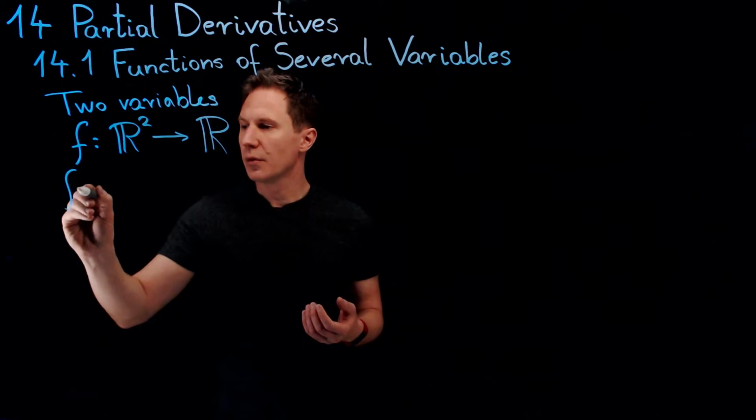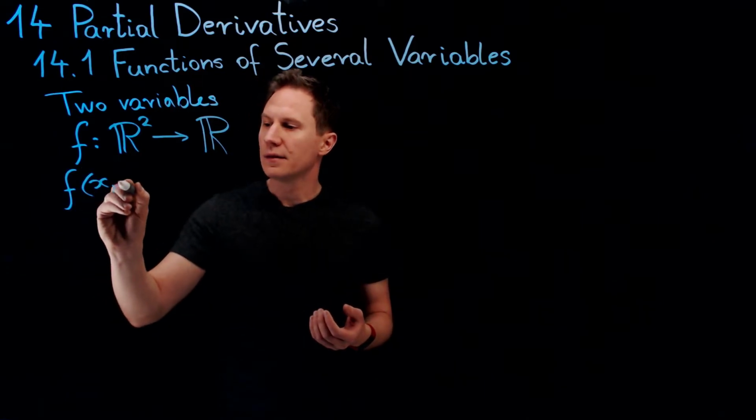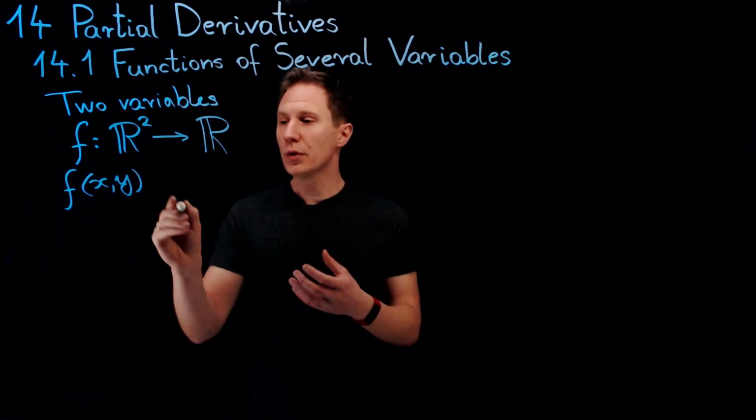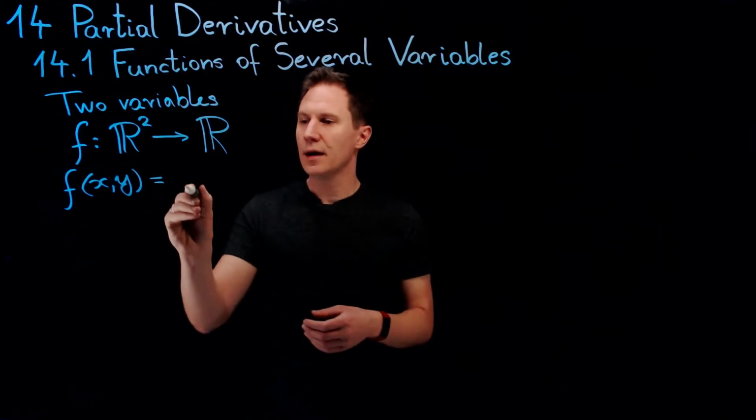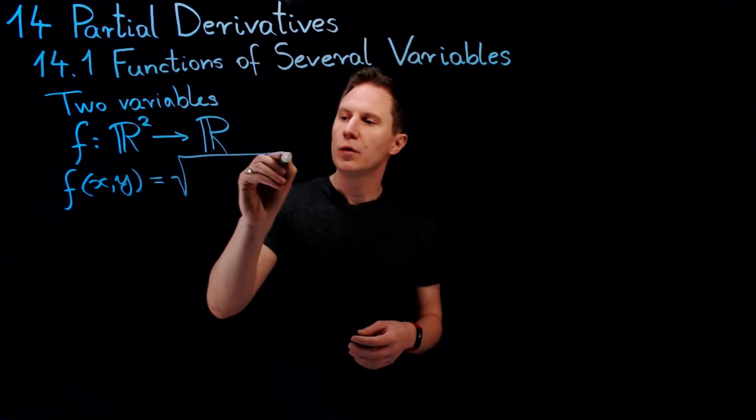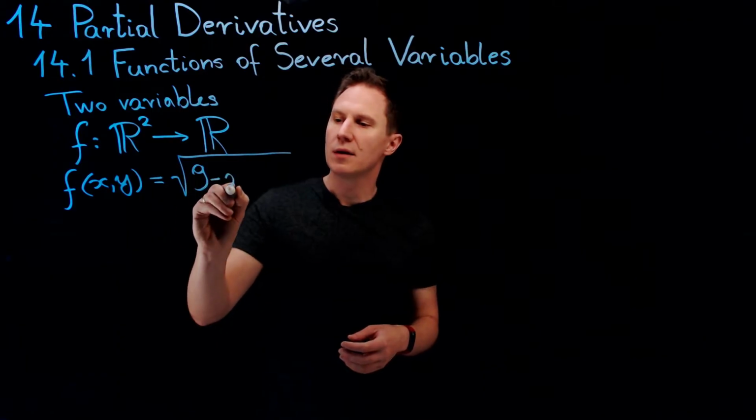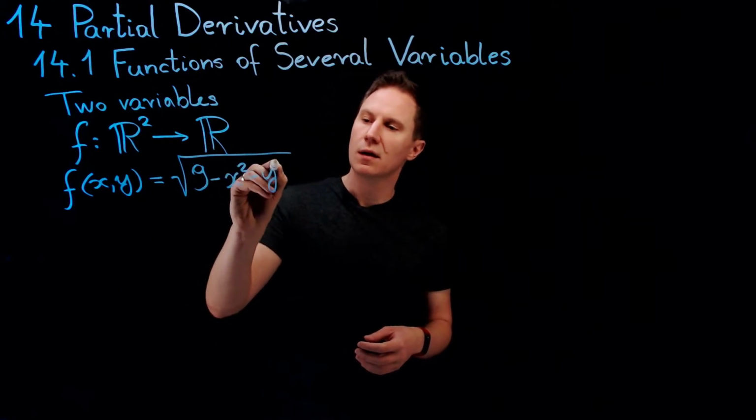To give you an example, f could be taking x and y as input, this pair x and y, and give you as the output the square root of 9 minus x squared minus y squared.